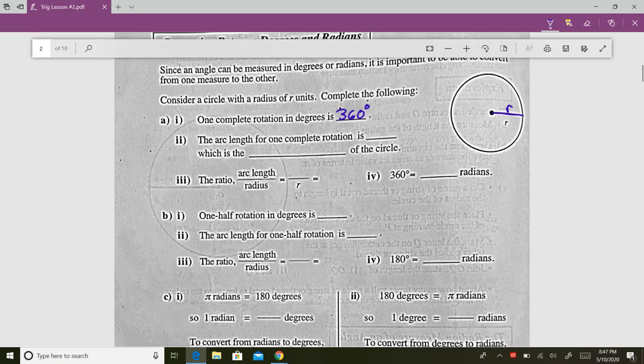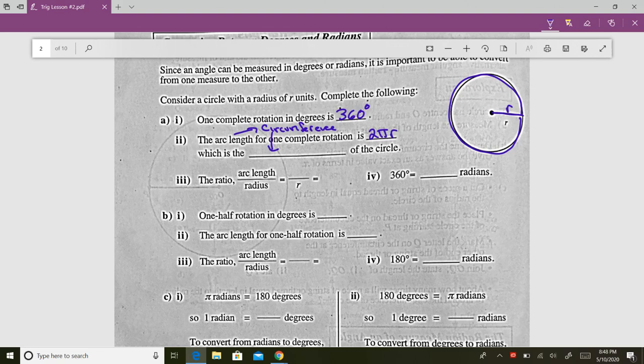If I ask you the arc length for one complete rotation, in other words, the distance all the way around, that is the circumference. And I just told you on the other page, the circumference is 2 pi r, 2 times pi times r.